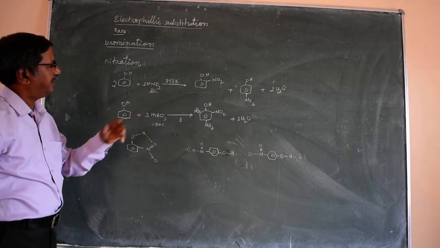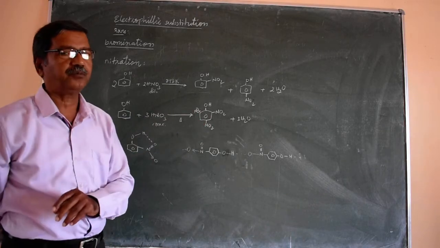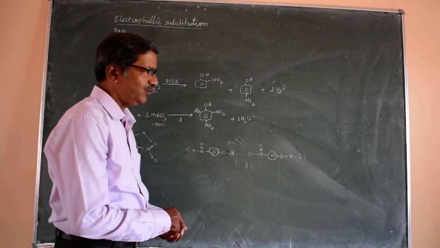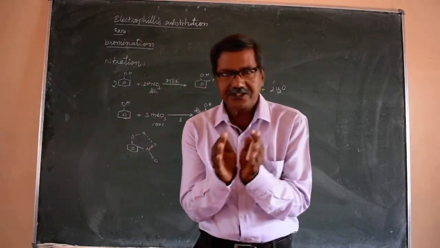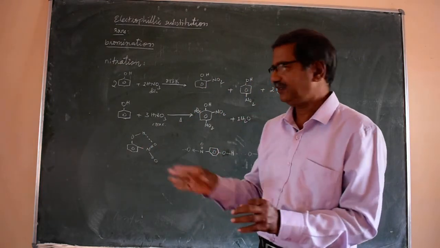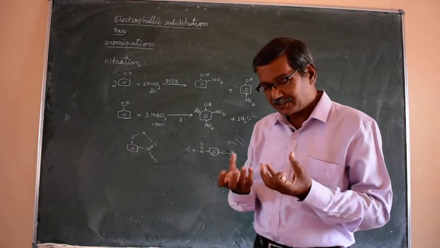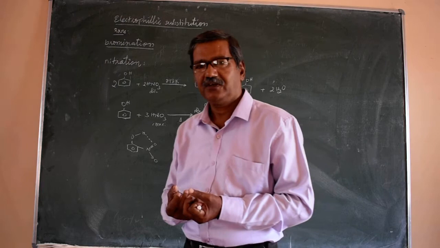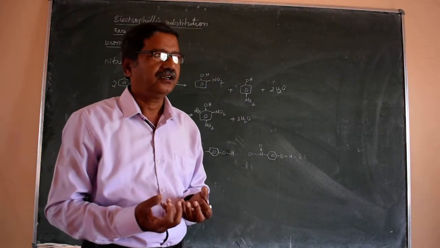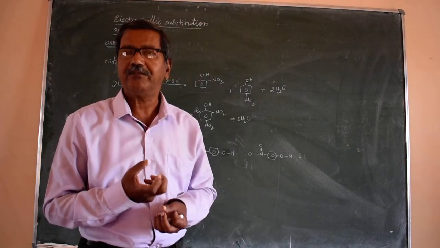Well, next one. When phenol is treated with concentrated HNO3, you get 2,4,6-trinitrophenol. It is also called picric acid. This is an organic acid which does not contain a carboxylic group. Here there is no COOH group, but it is a strong acid. Why is it a strong acid? You studied the effect of electron withdrawing groups on the acidic strength of phenol.